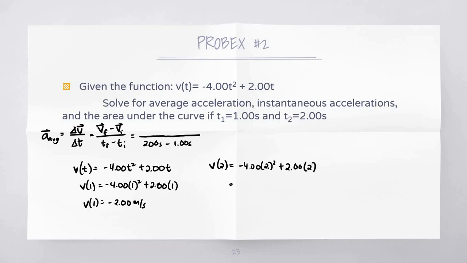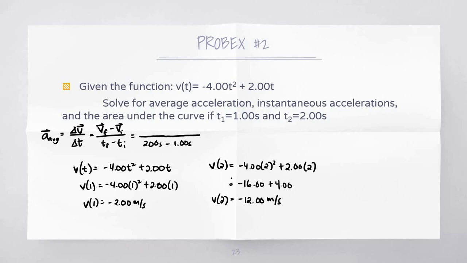So 2 squared is 4. 4 times 4 is negative 16. So negative 16 plus 2 times 2 is 4. So v of 2 is equal to negative 12 meters per second.